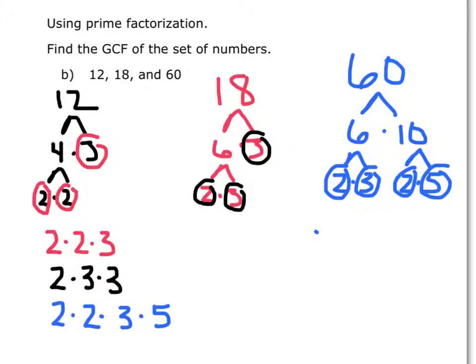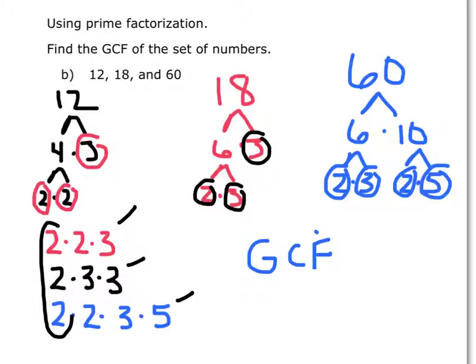Now notice, once again, we have the prime factorization of 12 right there, we have the prime factorization of 18, and we have the prime factorization of 60. Now, to find the greatest common factor of this, we just look for a match that is in all 3 prime factorizations here. So notice each one of them has a 2.